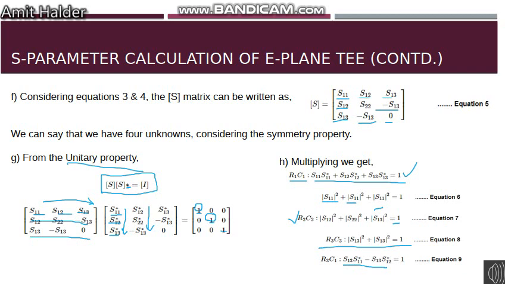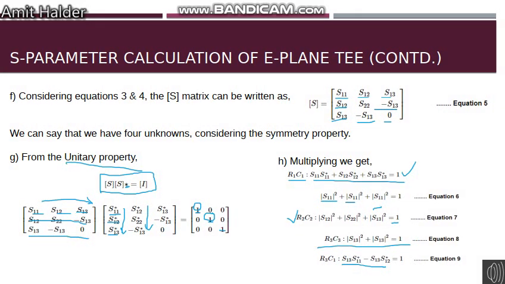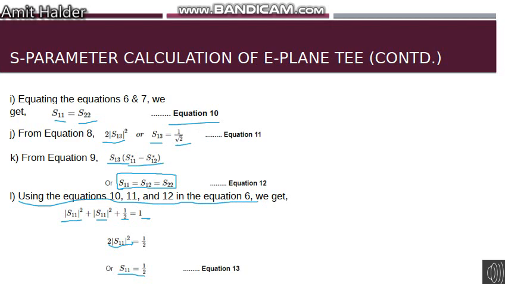If we equate these two equations, we can find out that S11 is equal to S22 as equation 10, and after that 2 S13 squared, S13 is 1 by root 2, and all other things will go further. S11 is equal to half, and other things there.